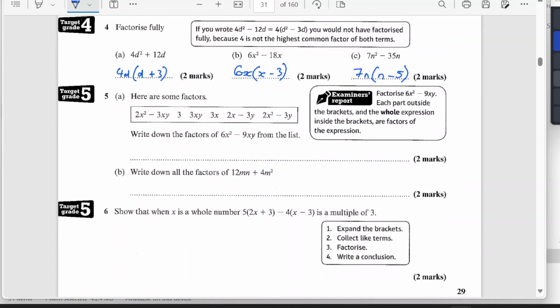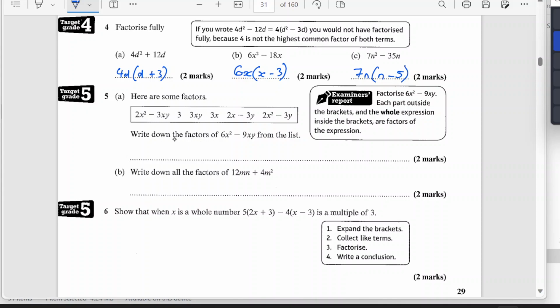Question 5. Here are some factors. Write down the factors of 6x squared minus 9xy from the list. So for this, it can either be what we can take outside the bracket.